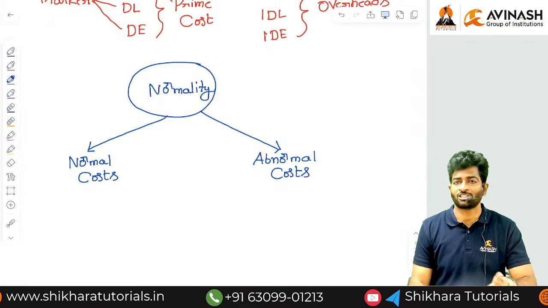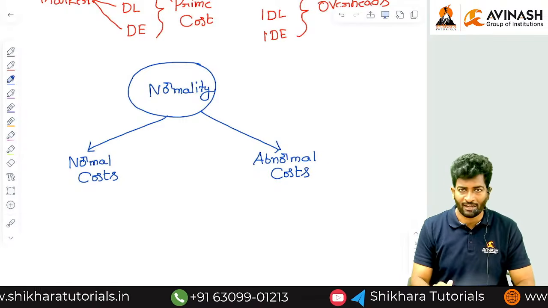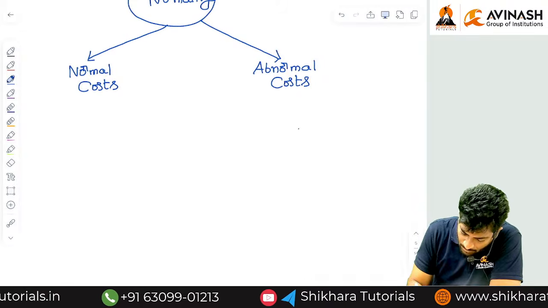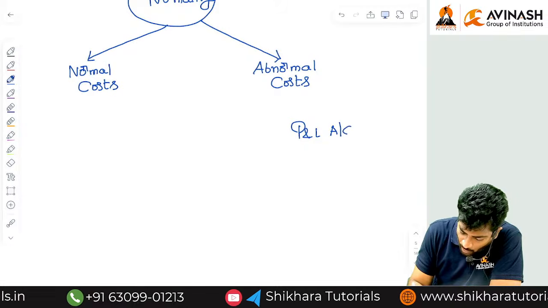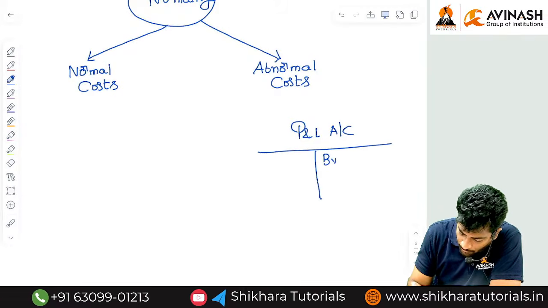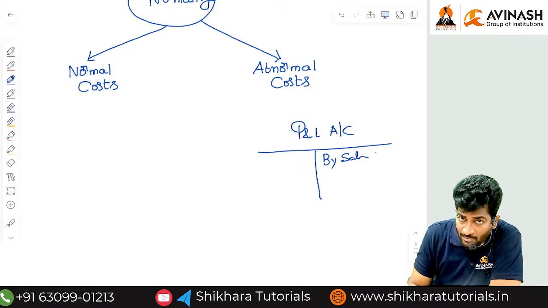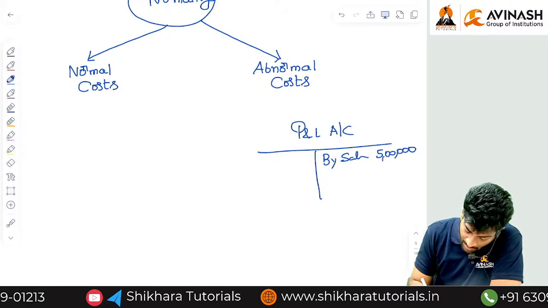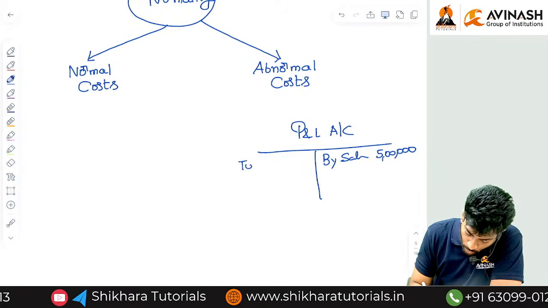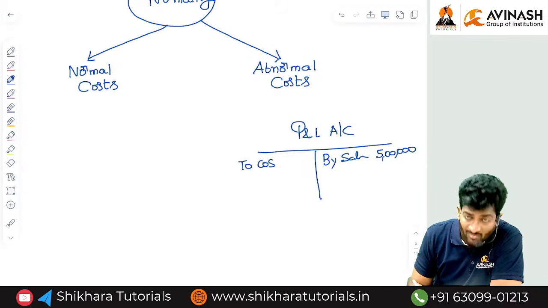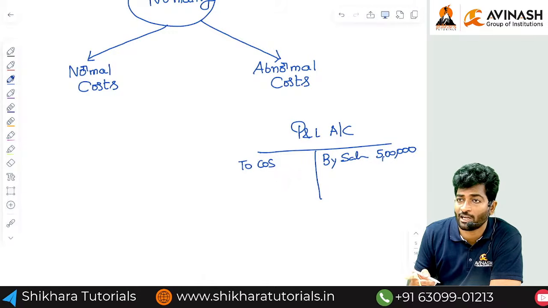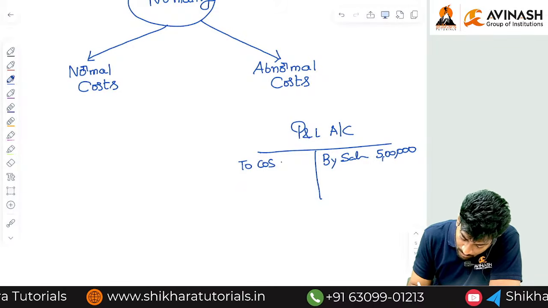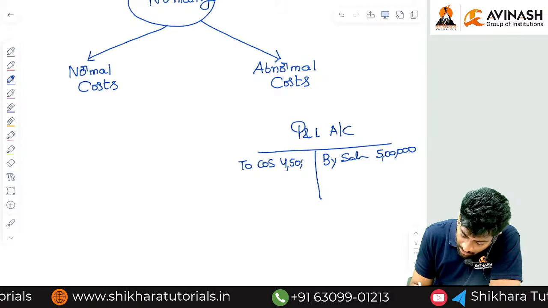If you are going to include it in cost of production, what will happen? This is all about treatment, right? If you include it in cost of production, cost of sales and everything, then in your P&L account, you will have by sales, maybe some 5 lakhs, to cost of sales, where you have included that abnormal item in your cost sheet, now this is like some 4,50,000.